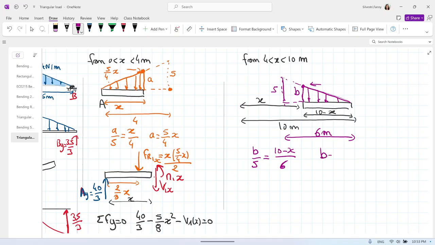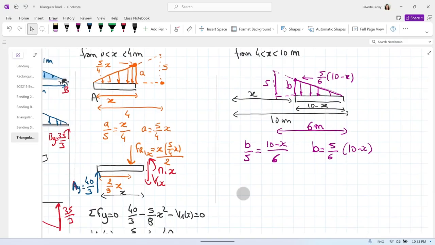So B, that is the maximum distributed force, equals 5 divided by 6 times 10 minus x. Okay, that was step number 1.